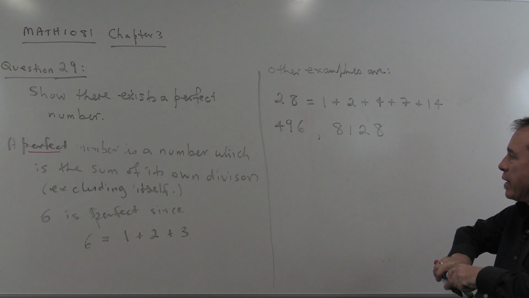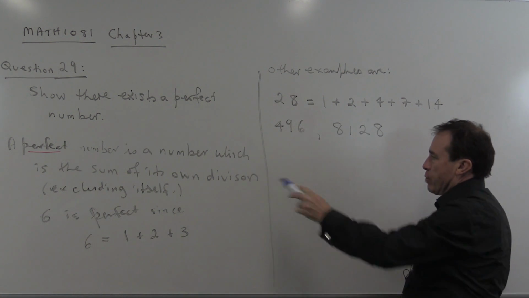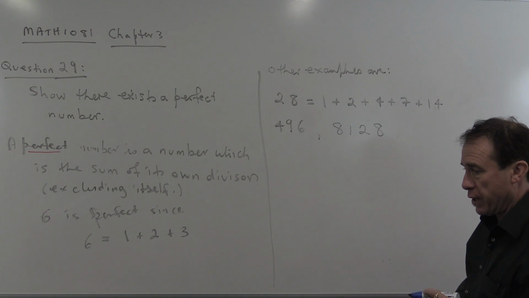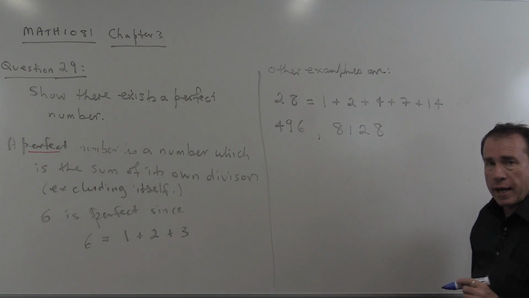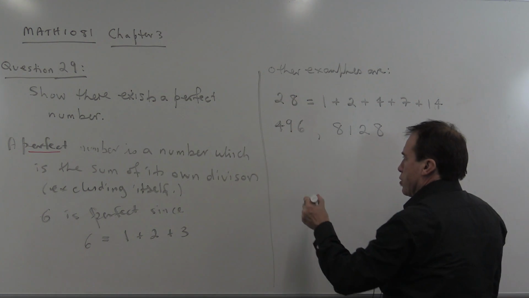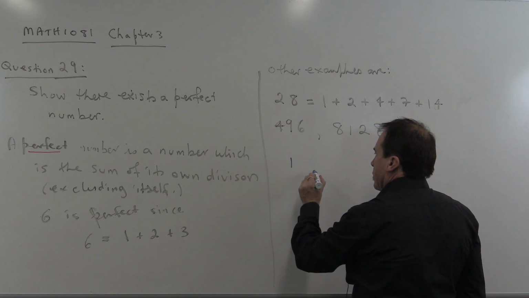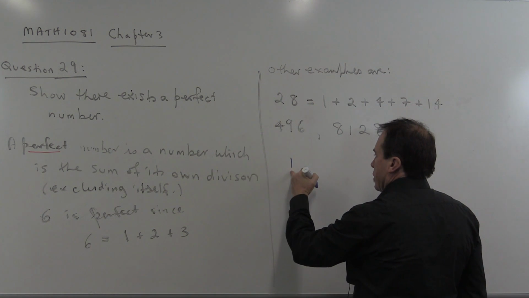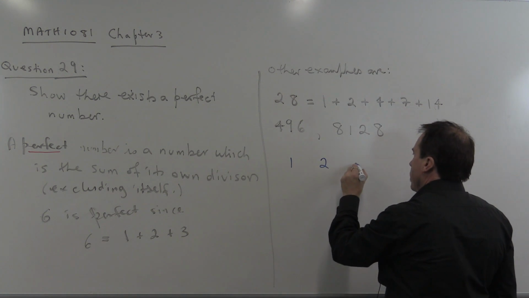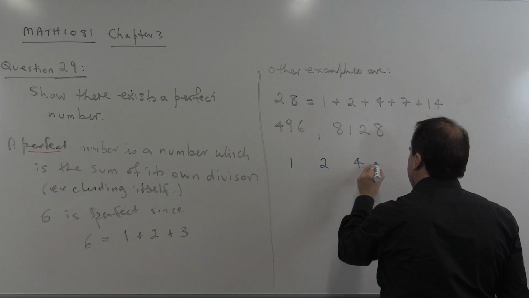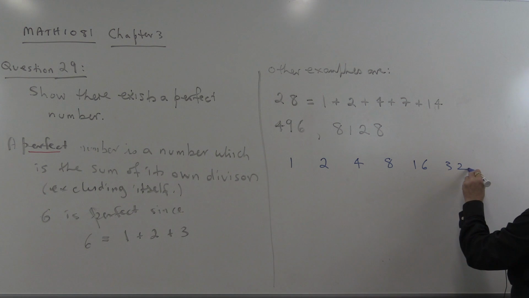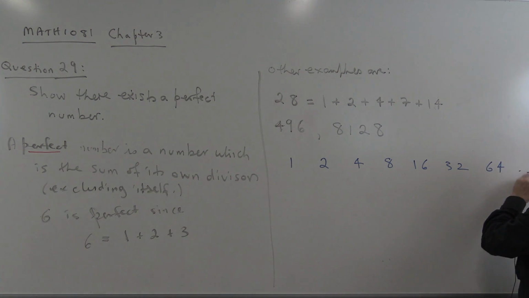Firstly, I want to show you how to construct these, and I want to find a nice formula for actually constructing these even perfect numbers. This goes back to the ancient Greeks, in fact. It's a fairly natural thing to do to write down the powers of 2. So I'm going to write down 1, and I'm going to write down 2. 2 squared is 4, 2 cubed is 8, and then 16, 32, 64, and so on.